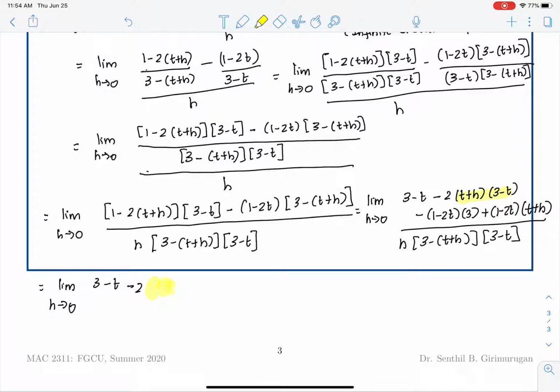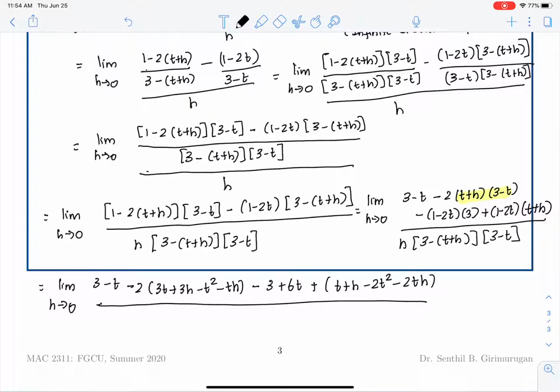I'll have 3t plus 3h minus t squared minus th, minus 3 plus 6t plus t plus h minus 2t squared minus 2th, divided by h times 3 minus t plus h times 3 minus t.